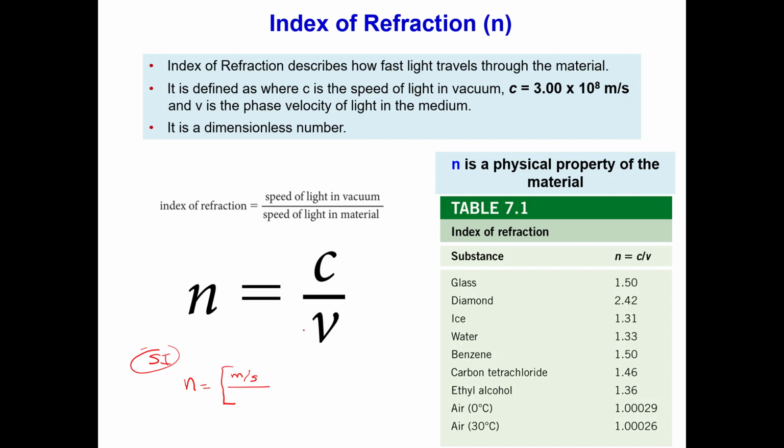In the denominator, we have the speed of the light in this particular medium, and this is also meters per second. The units cancel out.